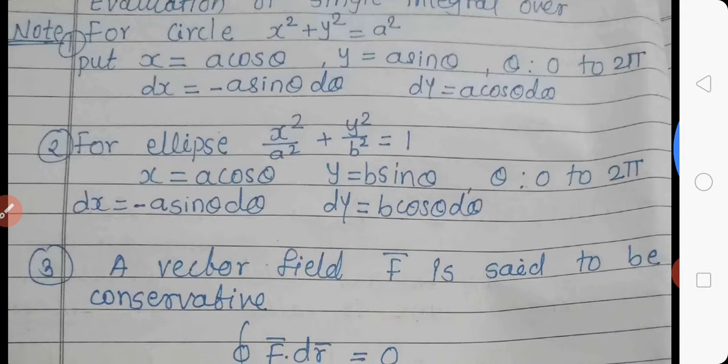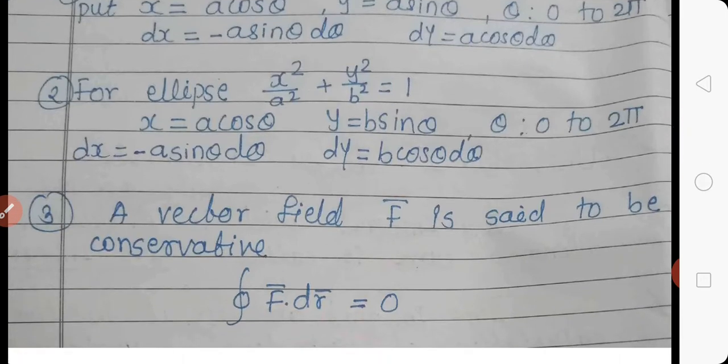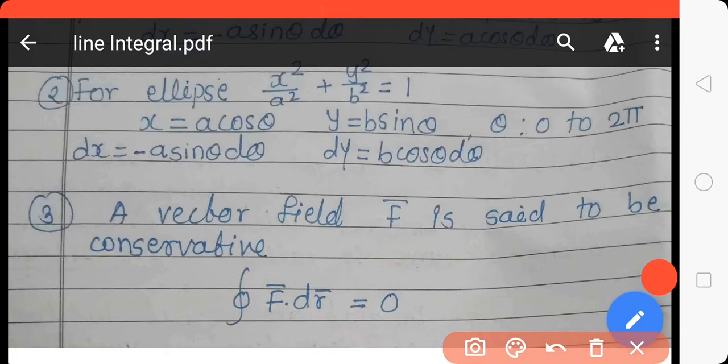Next, if f bar is a vector field, this vector field is said to be conservative if the line integral over the closed curve of f bar dot dr bar is equal to 0. This integration sign denotes the line integral over a closed curve.